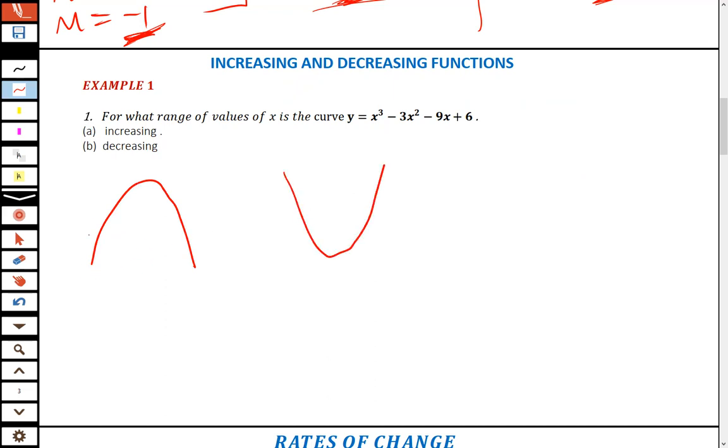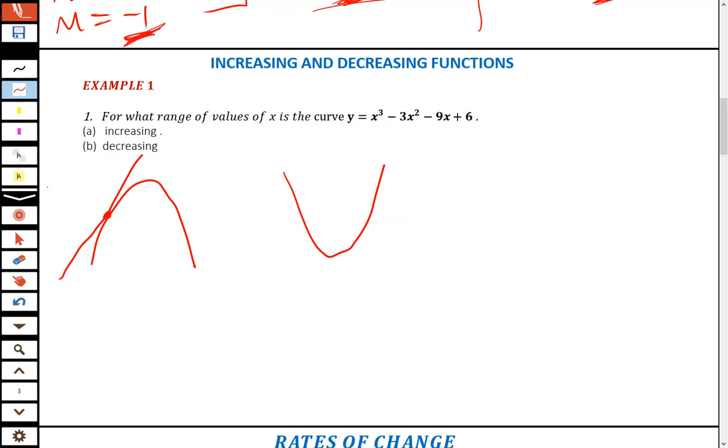When you take the gradient of this side of the curve, you discover that the gradient is going up like that. According to mathematics, when the gradient is going up, it has a positive gradient.